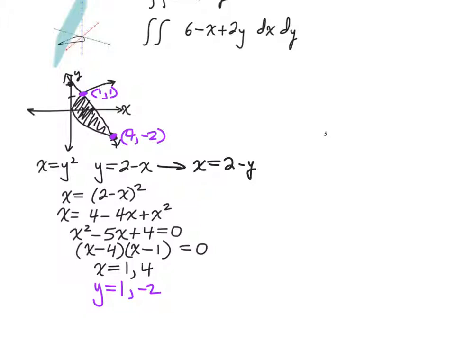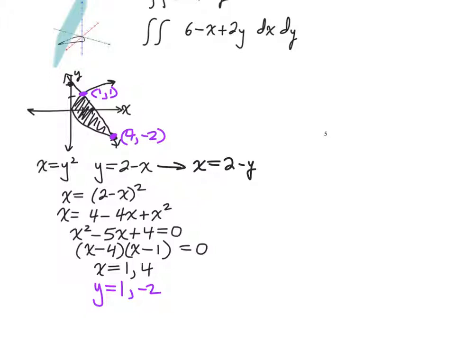All right. So the way I structured my iterated integral is to deal with the x variable first. So what I want to do is bound it between two functions. The innermost integral, you always want to bound between functions. The outermost, you want to bound between constants.